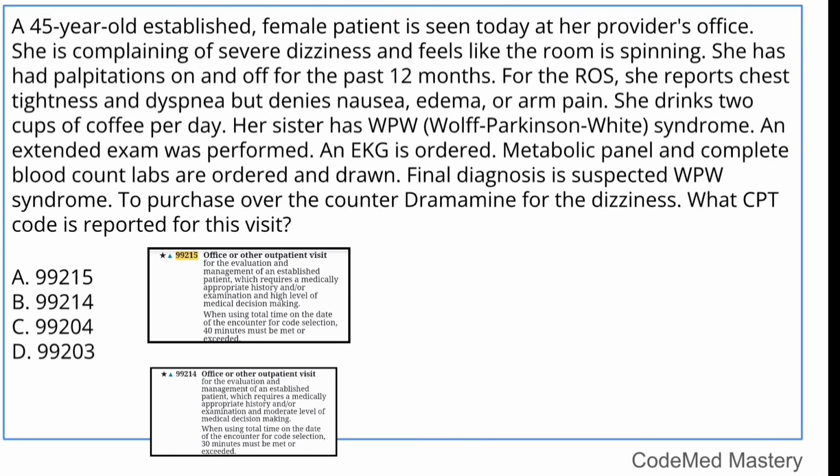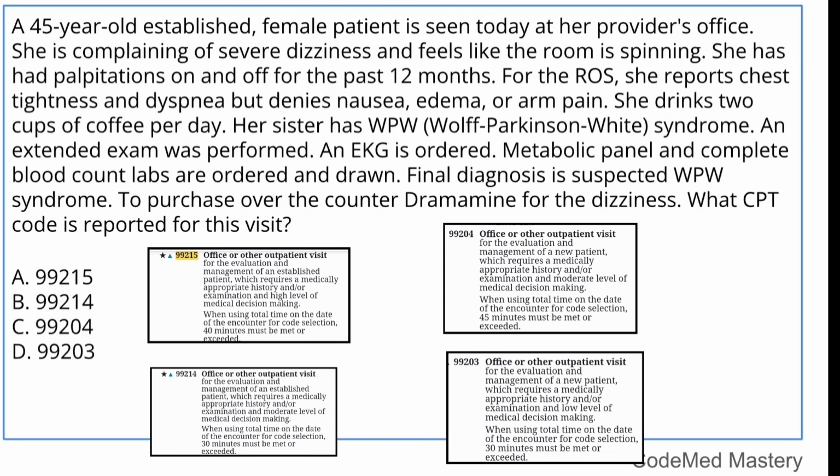Time 30 minutes must be met or exceeded. Now let us check options C and D, 99204 and 99203. 99203 is for E&M of a new patient, low level of MDM, 30 minutes must be met or exceeded. And 99204 is for an office or other outpatient visit for E&M of a new patient, moderate level of MDM, 45 minutes must be met or exceeded.